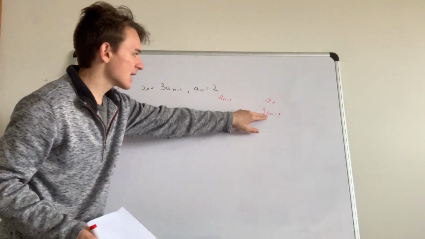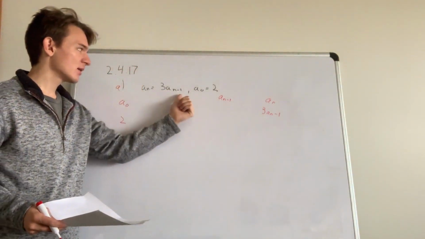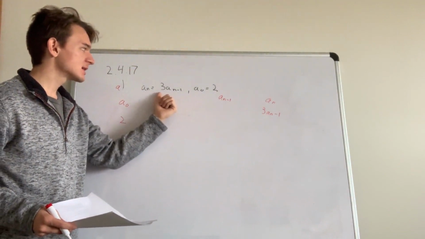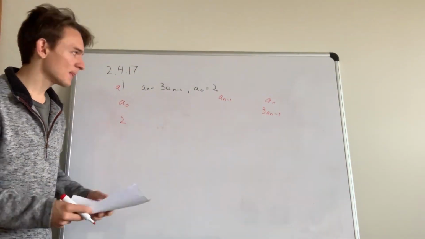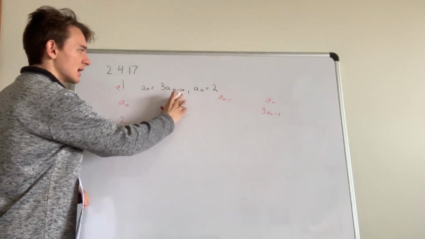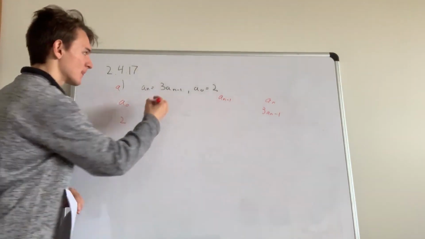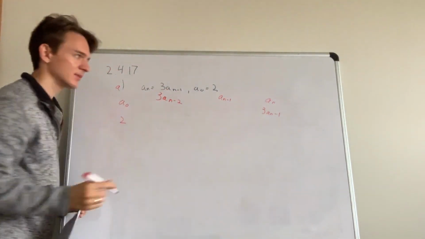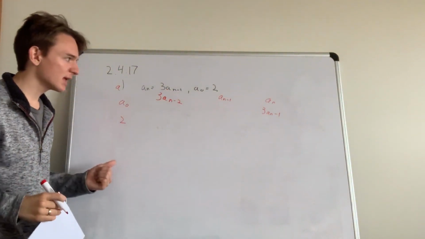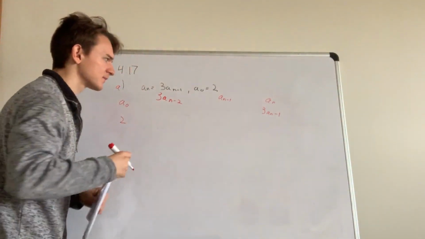So this A of n minus 1 is going to be replaced with A of n, but every instance of n becomes n minus 1. So what does 3 A of n minus 1, replacing all the n's with n minus 1s, look like? Looks like this: 3 times A of n minus 2. So that's what we're plugging in to A of n minus 1, this formula here.